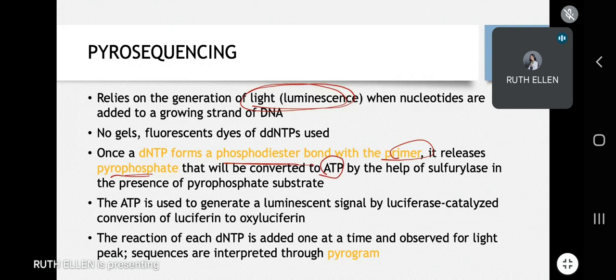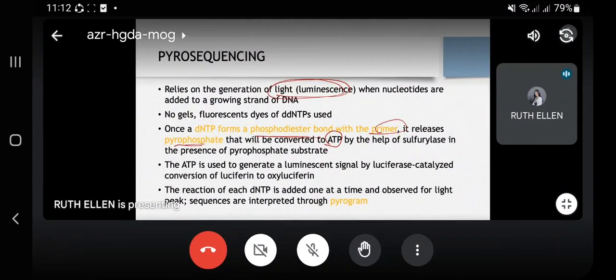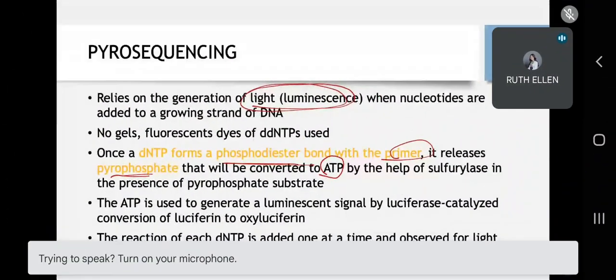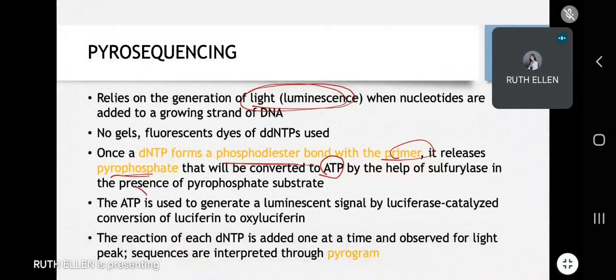So, very familiar kayo dyan. ATP, yung ginagamit natin for energy, by the help of sulfurylase in the presence of our adenosine phosphosulfate substrate. So, ATP is used to generate a luminescent signal by the enzyme luciferase. Okay? So, it is a luciferase-catalyzed conversion of luciferin to oxyluciferin.